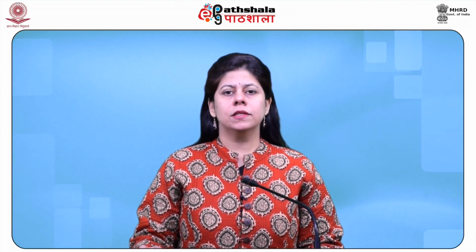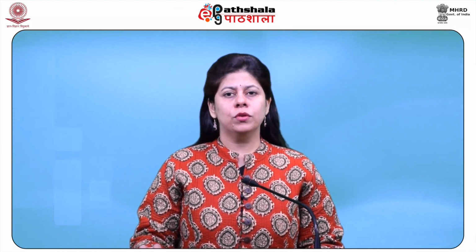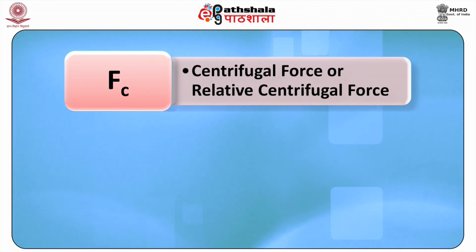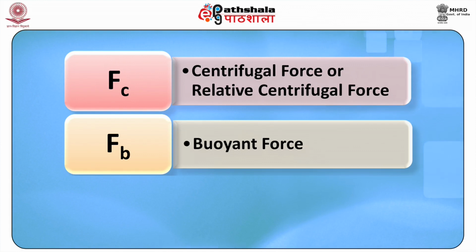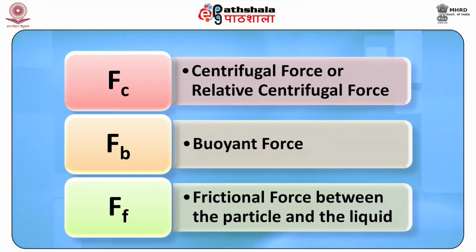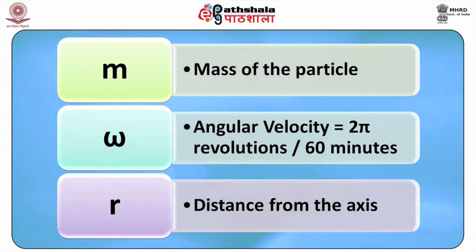The particle is acted on by three forces: Fc, centrifugal force or relative centrifugal force; Fb, buoyant force; and Ff, frictional force between the particle and the liquid. The particle in a centrifugal field will experience a centrifugal force defined by the product of the mass of the particle, distance from the axis, and the square of angular velocity.